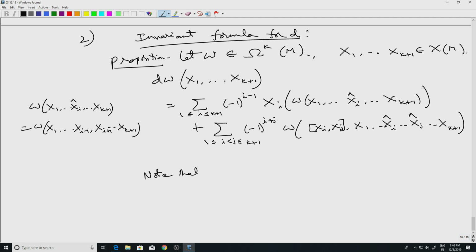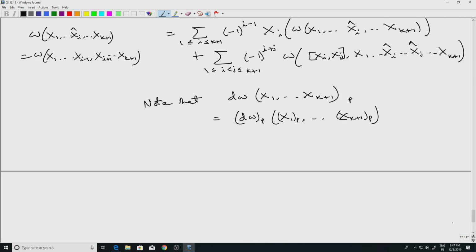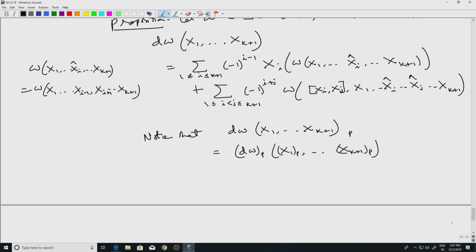Note that if I evaluate the whole thing at a point P, this by definition is d omega at P, applied to x1 at P, up to xk plus 1 at P. The left hand side just depends on x1 at P, up to xk plus 1 at P. But on the other hand, the right hand side, because of two things.